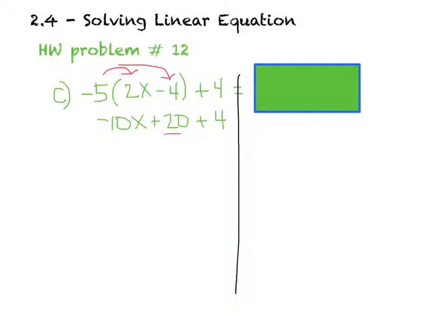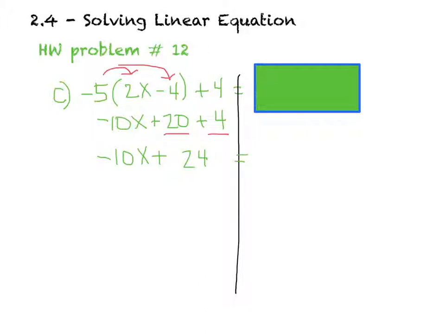We have like terms. Positive 20 and positive 4 are definitely like terms. 20 plus 4 is 24. Let's drop down the plus symbol, and let's drop down the negative 10x. We've got this problem as simplified as possible on the left-hand side.